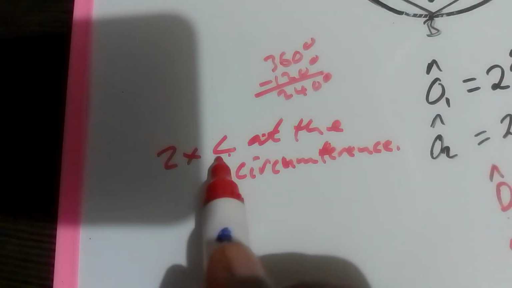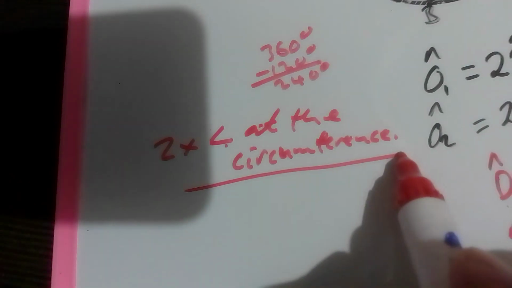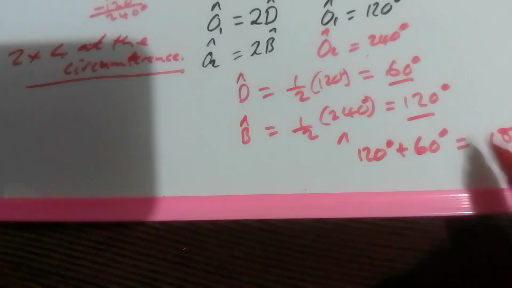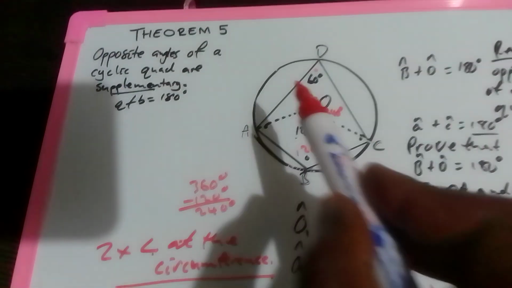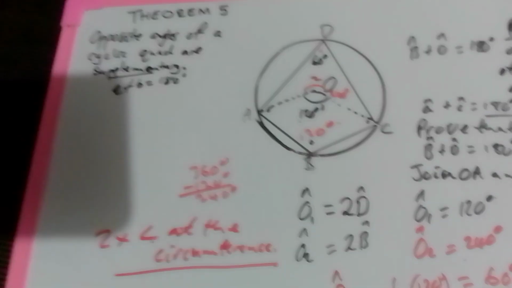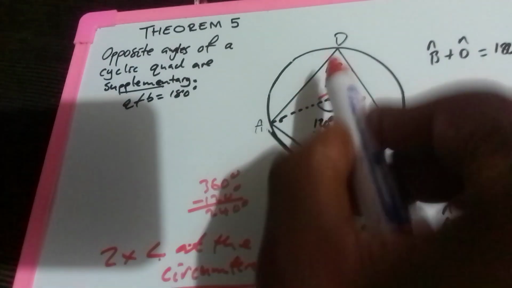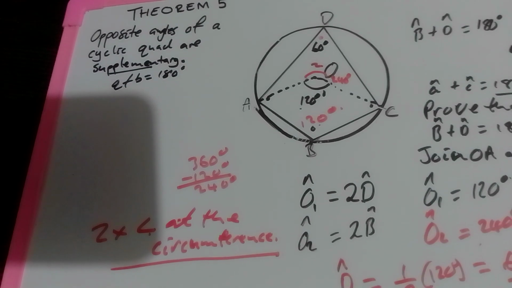Angle at the center is 2 times bigger than the angle at the circumference. That is the reason that I used. And I've proved that angle B plus angle D is equal to 180 degrees. And just like that, that's your theorem number 5. And you can see 120 here plus 60, it is equal to 180 degrees.